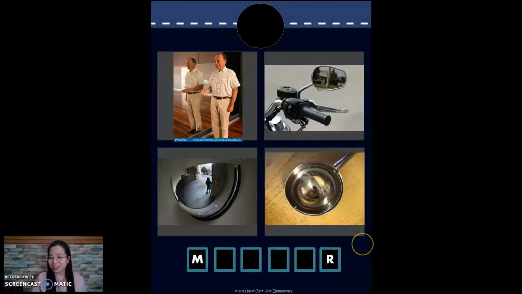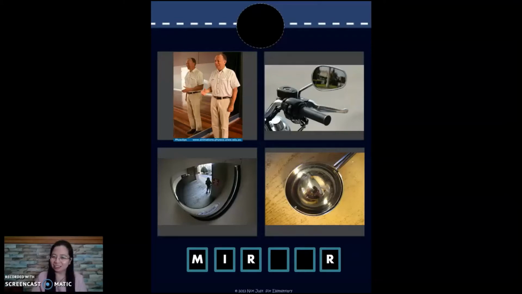Now let's take a look at the second letter. It's I. What word is this? Anyone who can guess? Okay, I hear somebody said mirror. How do you spell mirror? Let's see.